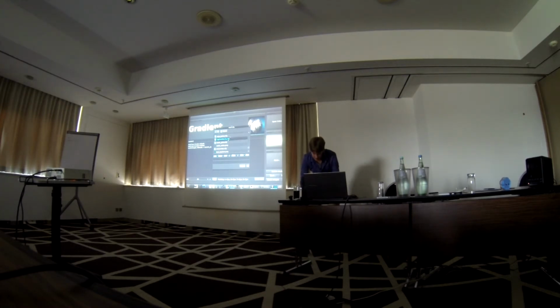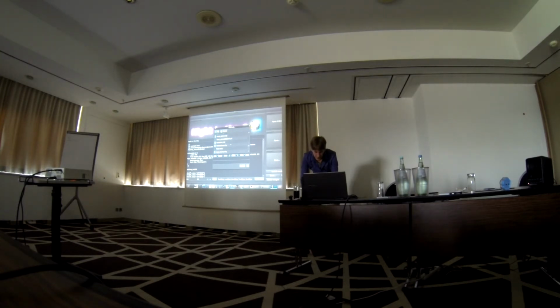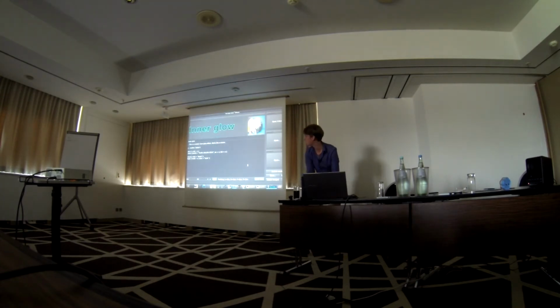Another CSS effect that I showed before, like this one. So it looks pretty similar to the CSS effect we saw. We can do kind of inner glow instead of an outer glow.